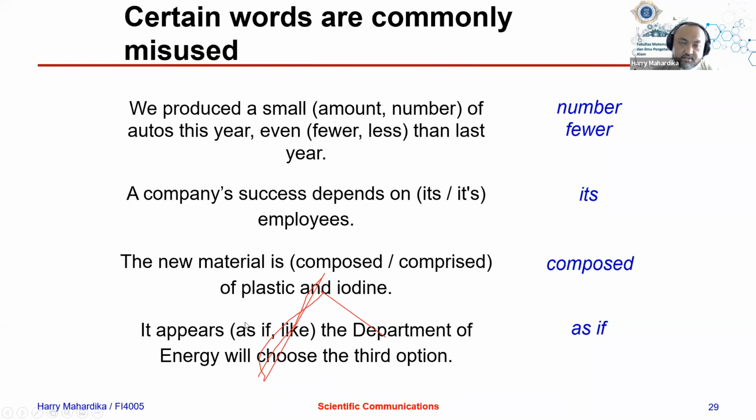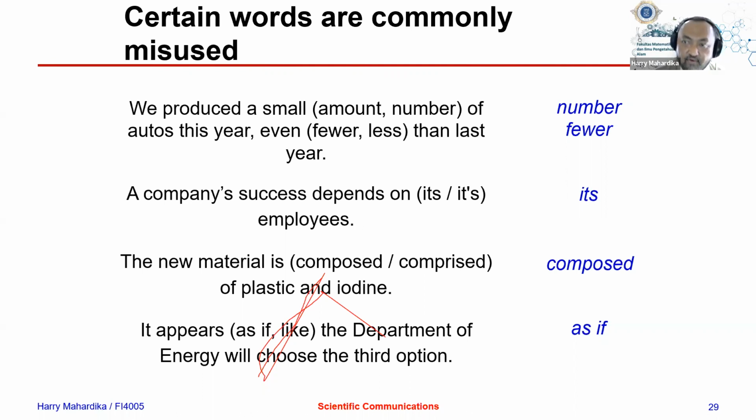However, we usually hear, in informal situations, that it appears like the Department of Energy will choose the third option. That's the thing that we usually hear in informal communication.